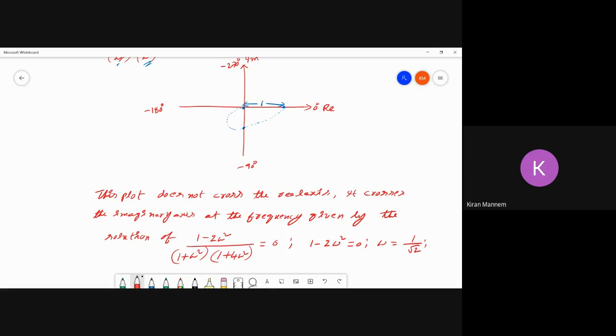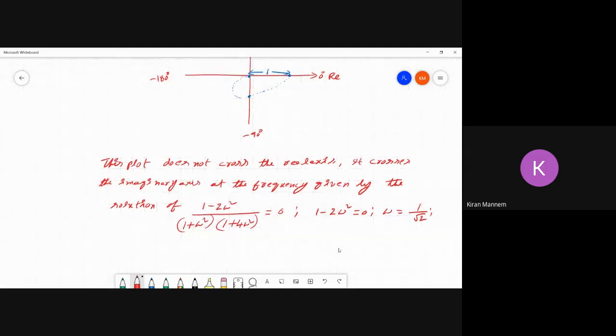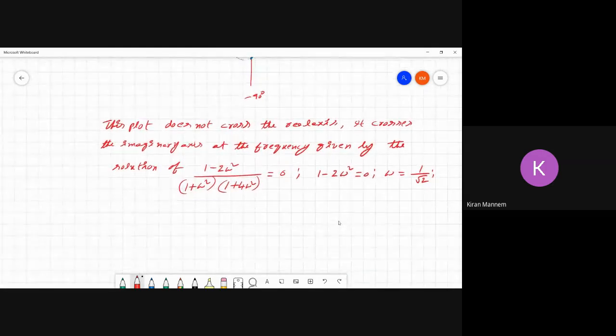Now how do you find the imaginary value? Substitute this omega value in the imaginary term.